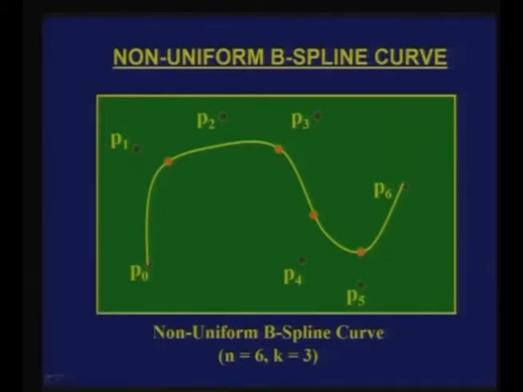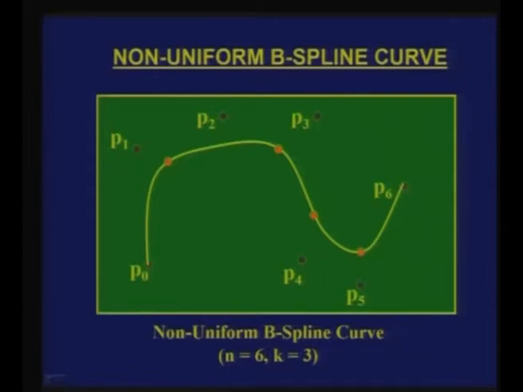P1 will influence 2 segments, from 0 to 1 and from u equal to 1 to 2. Take P2. P2 has influence on 3 segments. What about P3? P3 also influences 3 segments.